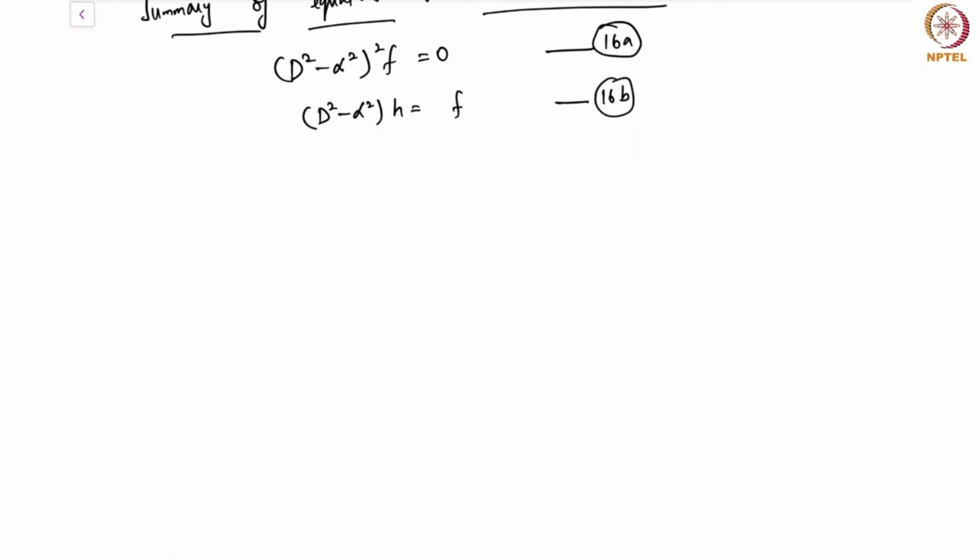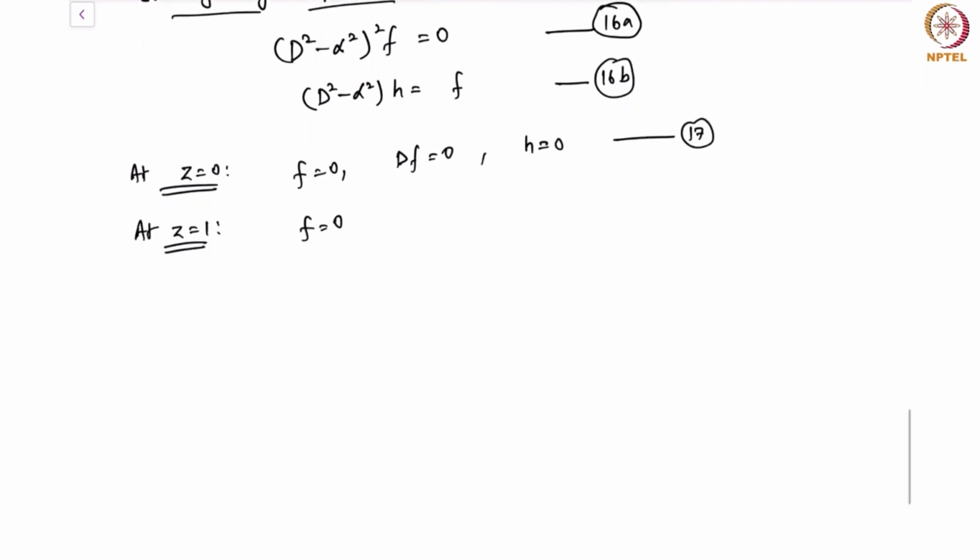So now we have to write down the boundary conditions. At z equal to 0, we have f equal to 0, df is also 0, and h is 0. This we called equation 17. At z equal to 1, we have f equal to 0.